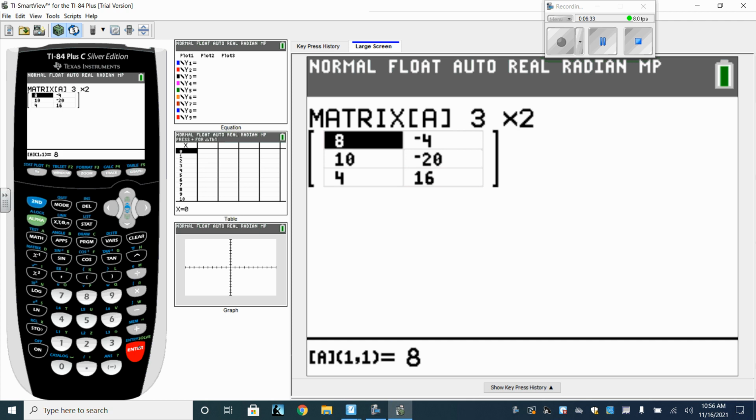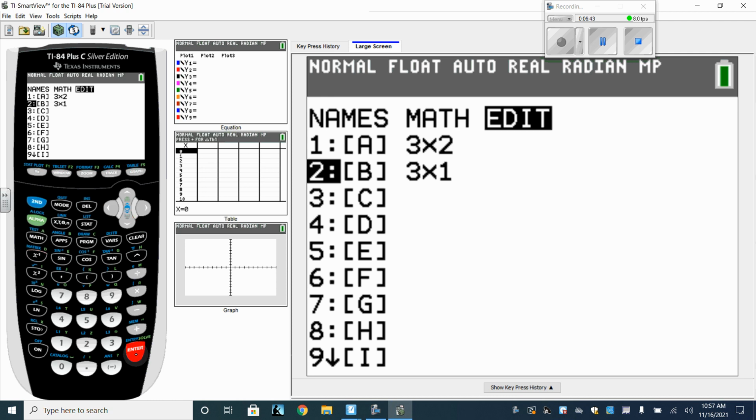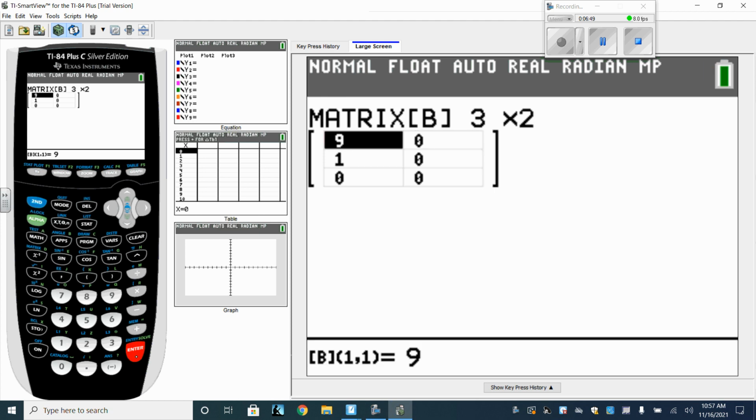Because that would be the first matrix that we have, yes? Now we need to put the other matrix in, so we can go second matrix, go over to edit and down to matrix B. Now matrix B is a 3 by 2 as well, because for us to be able to add or subtract two matrices, the dimensions have to be the exact same.